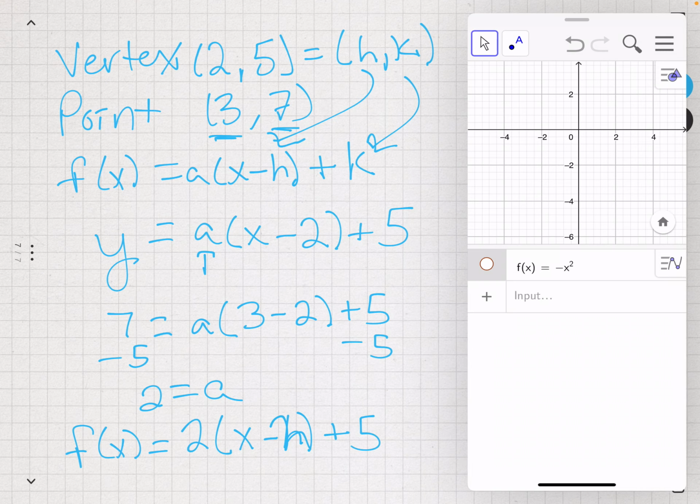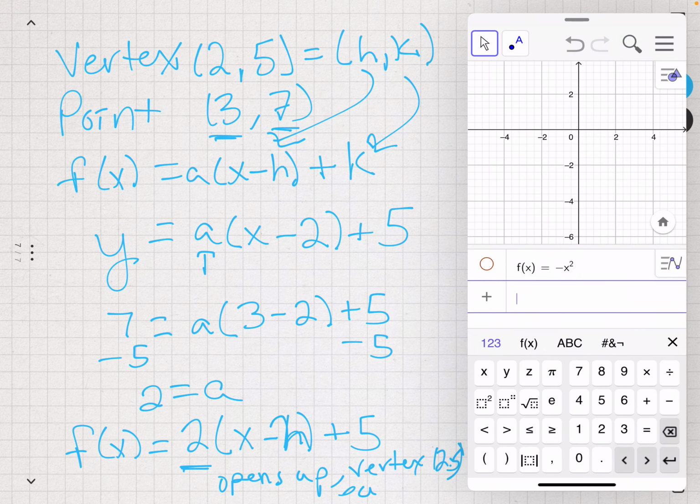And so that means that we should have a parabola, because a is 2, that opens up. The vertex is (2, 5), and it should, if all goes to plan, pass through (3, 7). So let's graph this function. 2 times (x minus 2) squared.